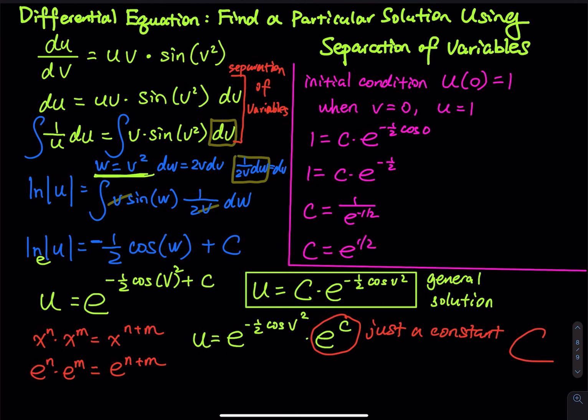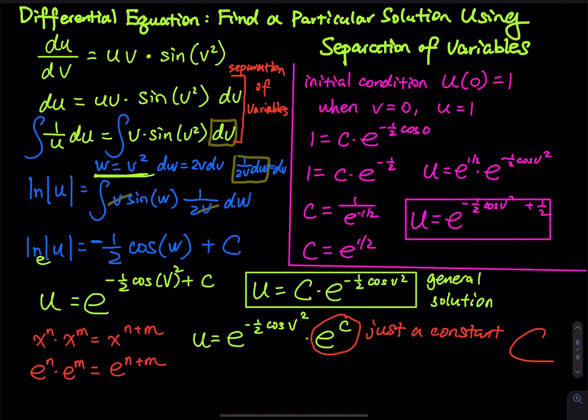And now let's write the particular solution. So you have u equals e to the 1/2 times e to the negative 1/2 cosine v squared. Same base multiplied, that means you add the exponents. So you have u equals e to the negative 1/2 cosine of v squared, and just add a 1/2 to the exponent, and this is my particular solution.